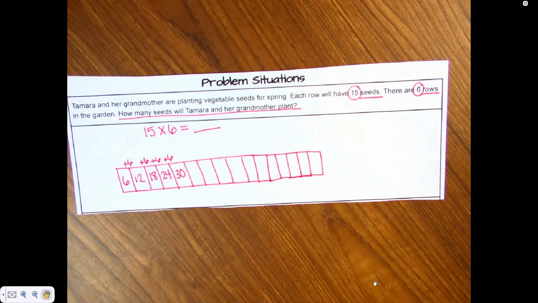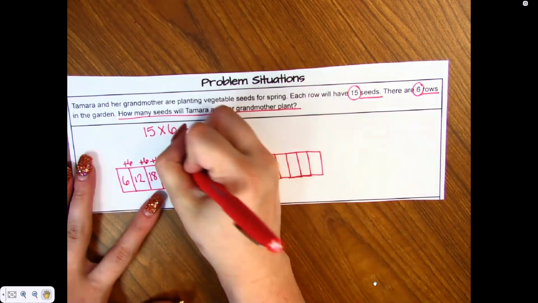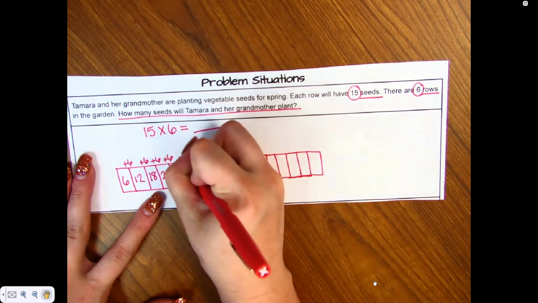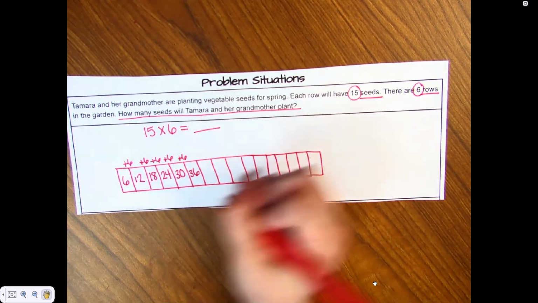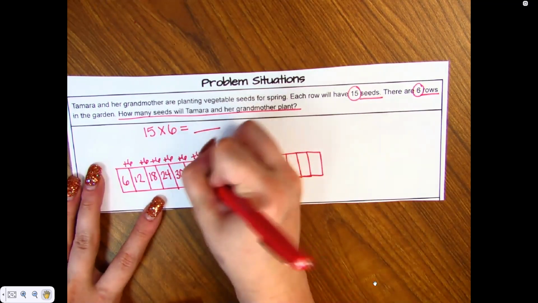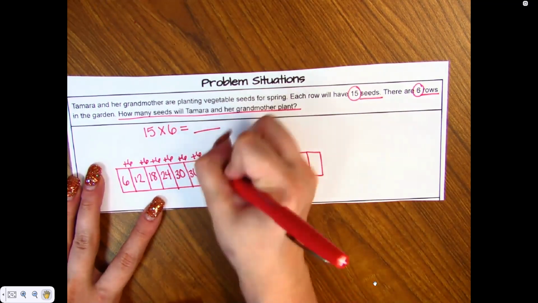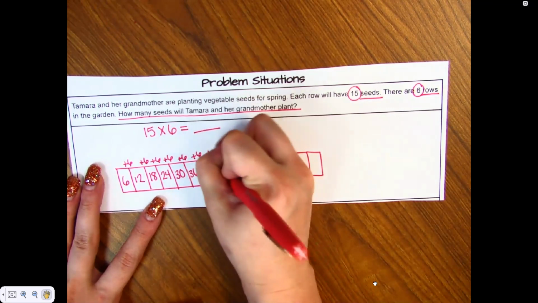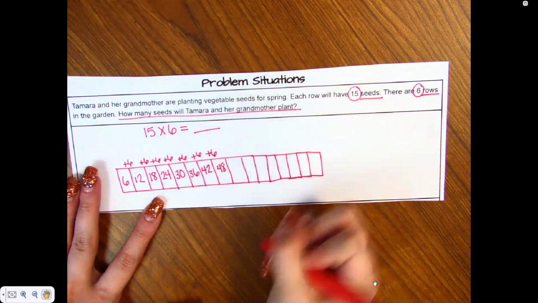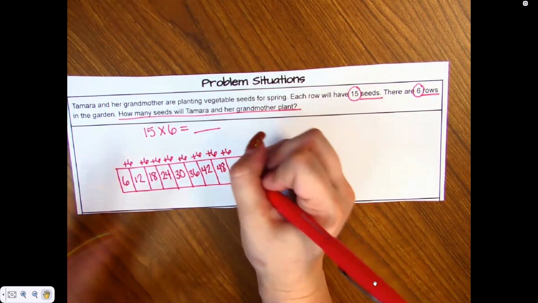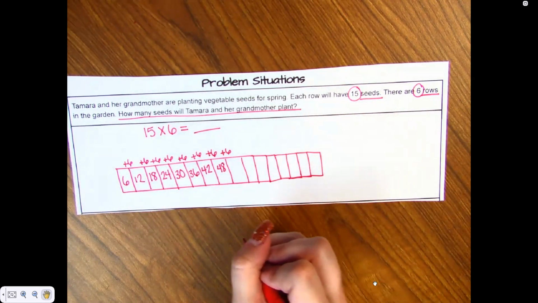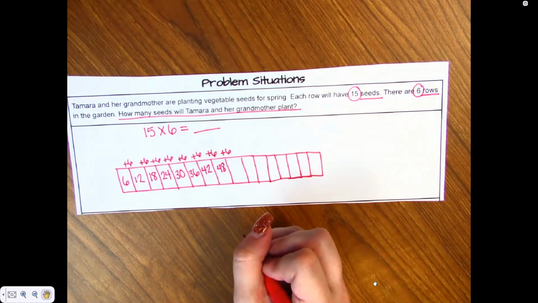I'm not going to ask her what they are because it'll take too long. So I'm going to keep going, adding 6 each time. And if I don't know what the next number is, I can also count.